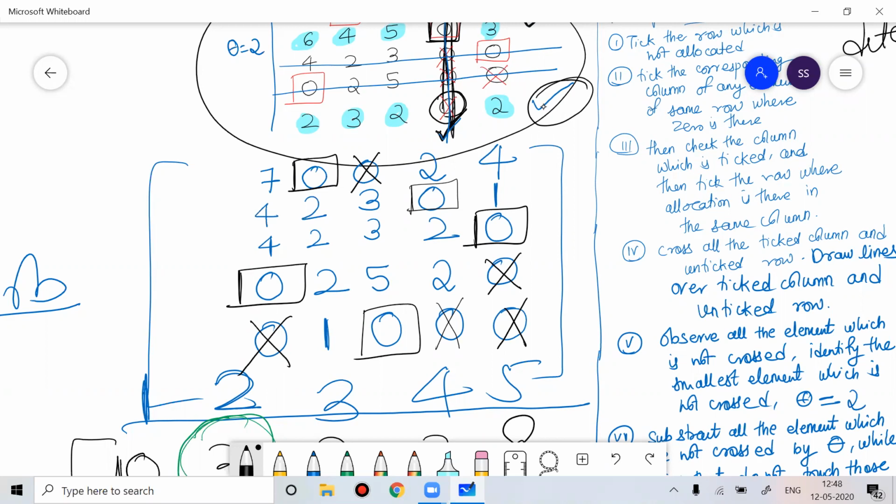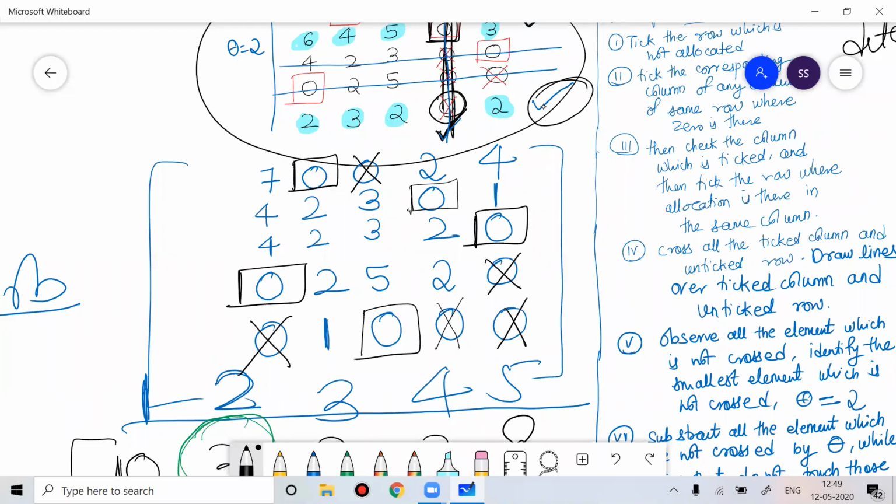Then you'll give preference to that row which has two zeros, one cancelled, one available, and then to that column where two zeros are there, one available, one cancelled. Like this, we follow this game till there's no zero which cannot be allocated. If all rows are allocated, it is the optimal solution. If that doesn't happen, then again you have to continue the same game.